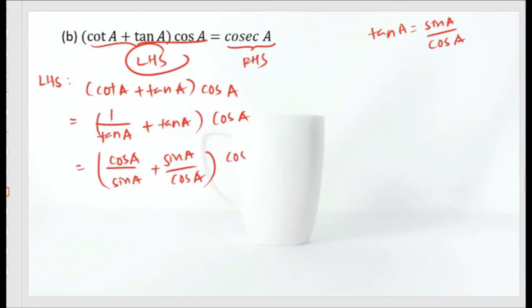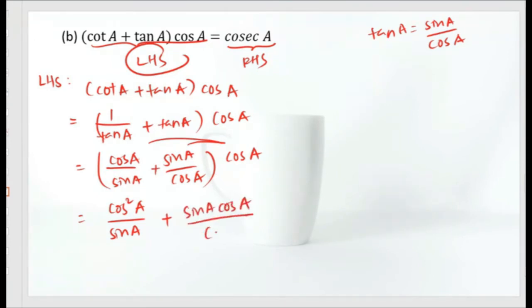Do until this step, then we multiply in cos A, multiply with cos A: cos square A over sine A. Then this one is sine A cos A over cos A. Cos A simplify become 1.